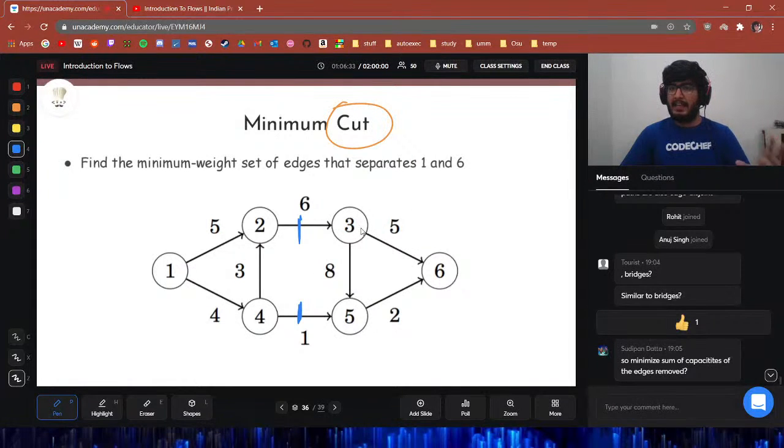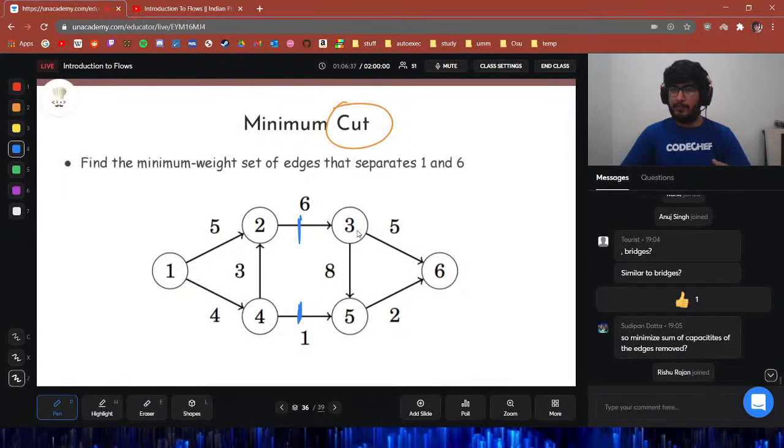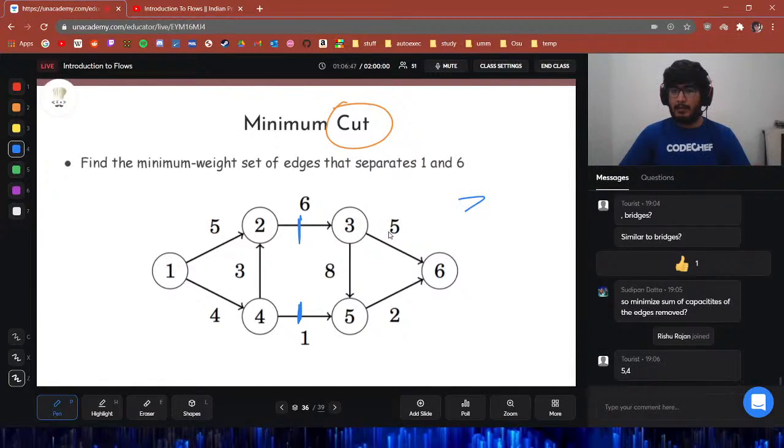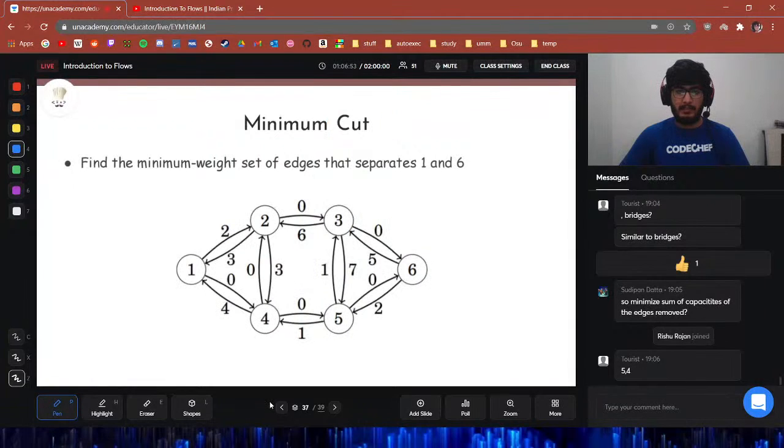Can I find any set of edges which, when removed, would also give me a cut but has a sum of weights less than 1 plus 6, or 7? I cannot find it in this one. 5 and 4. Actually, let me check.